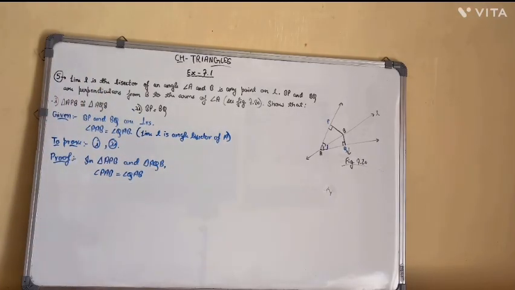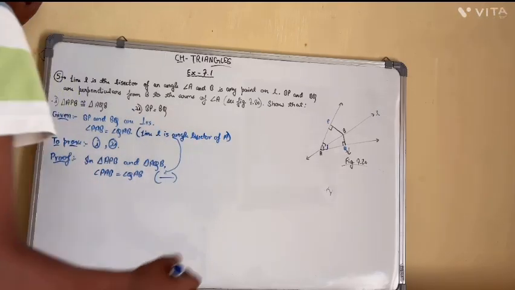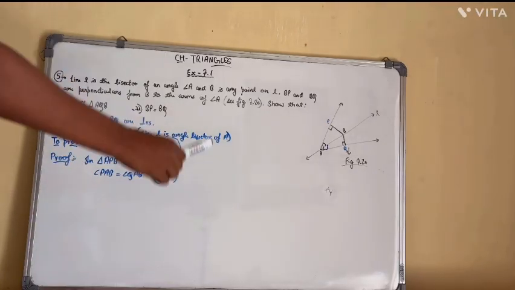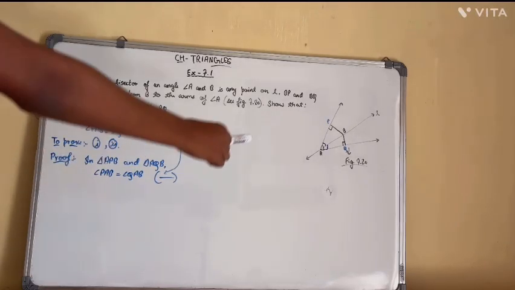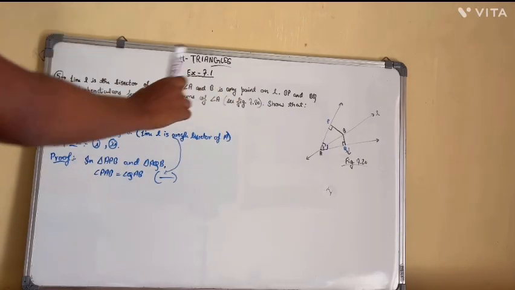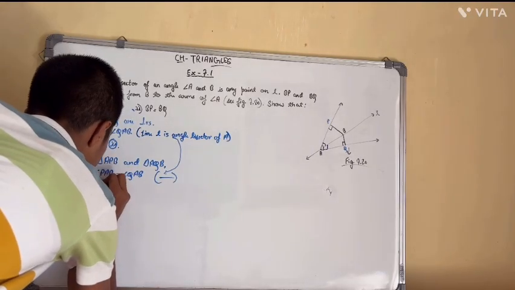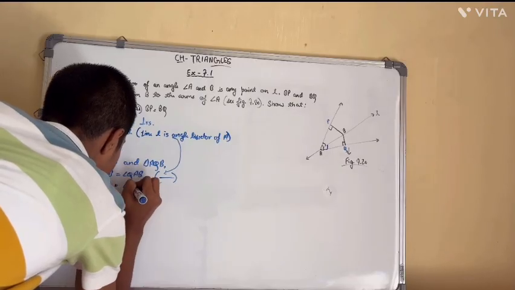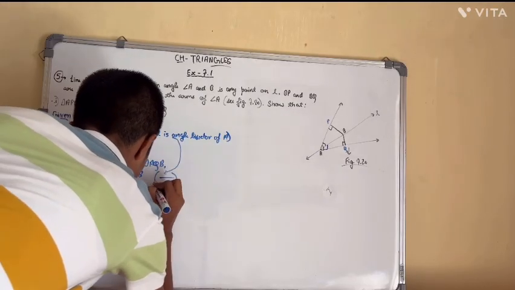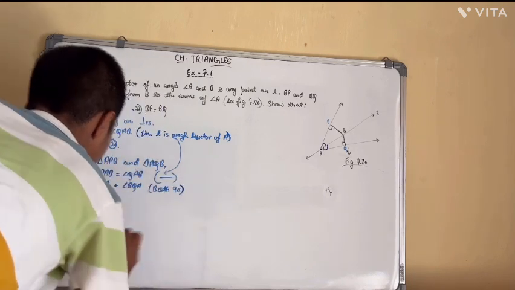Okay, from here we can write this reason, same here also. Then BP and BQ are perpendicular, so the perpendiculars are of 90 degrees. So we can write angle BPA is equal to angle BQA. Why? Because both are 90 degrees.